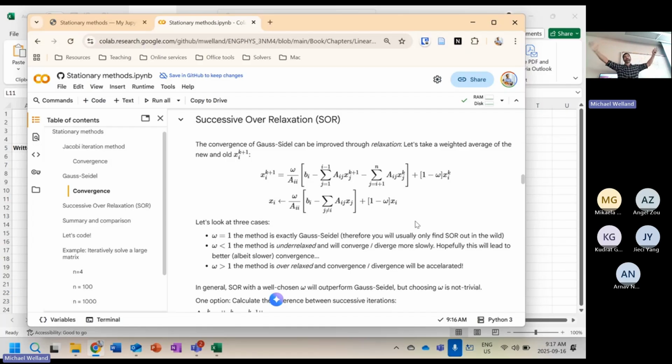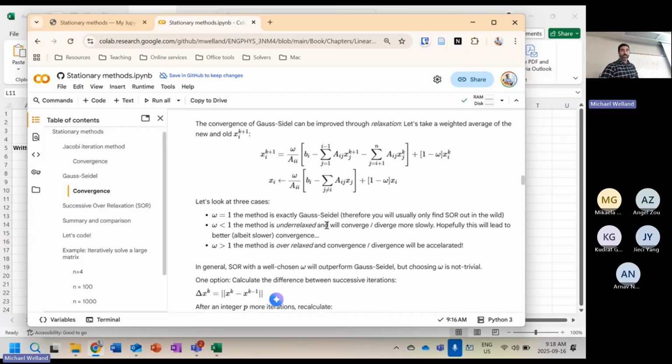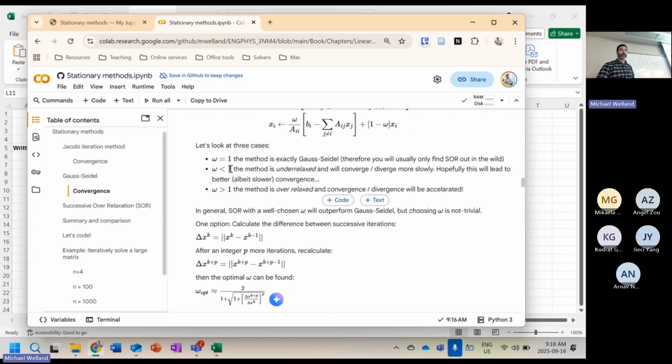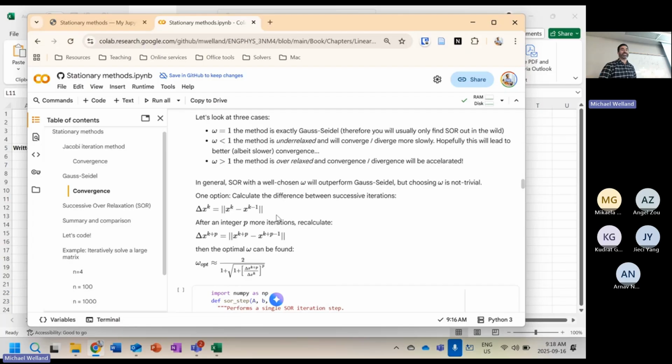You are relaxing towards a solution, but you're taking a larger step than you otherwise would have. If omega is less than 1, then you are forcing it to take smaller steps. You are under relaxing. It'll take longer, but hopefully it'll be a bit more robust. Similarly, for larger than 1, you're going to relax faster.